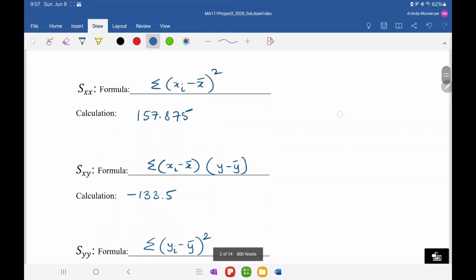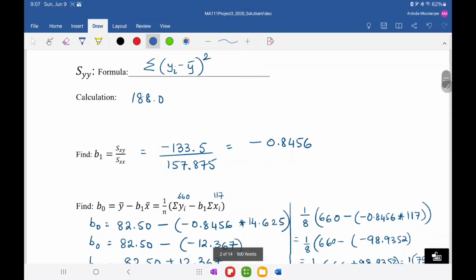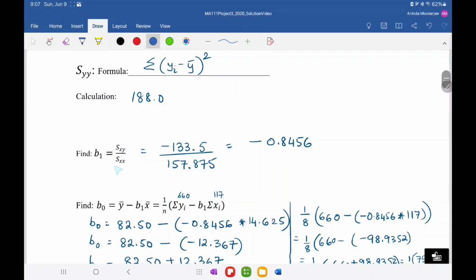S sub xy is the joint variation of the x values and the y values from their respective means. And then S sub yy is how much the individual y values are off from the mean of the y values. And then, of course, we have to square and sum them up. So we are going to use these quantities to come up with the regression equation.